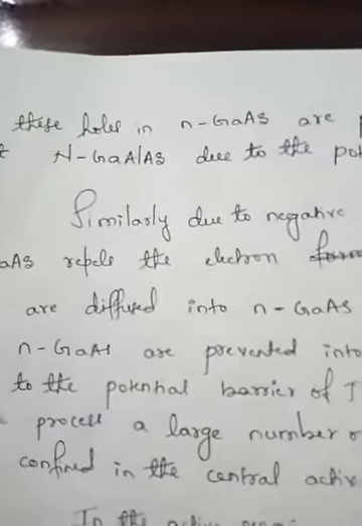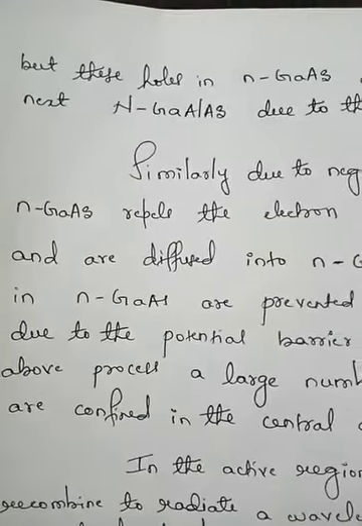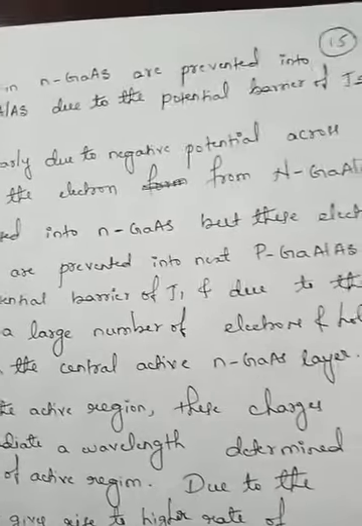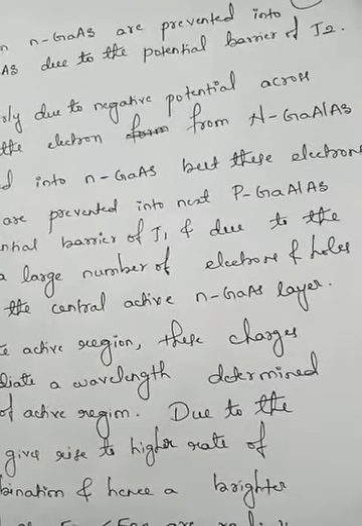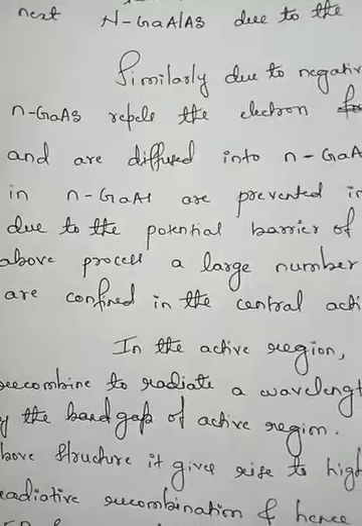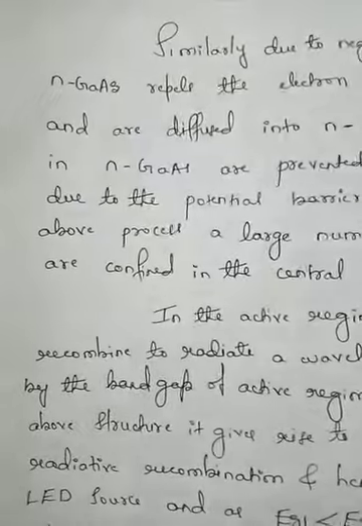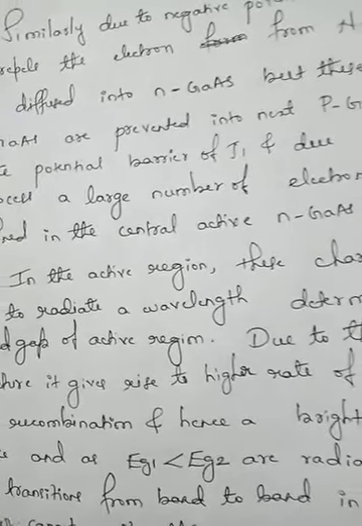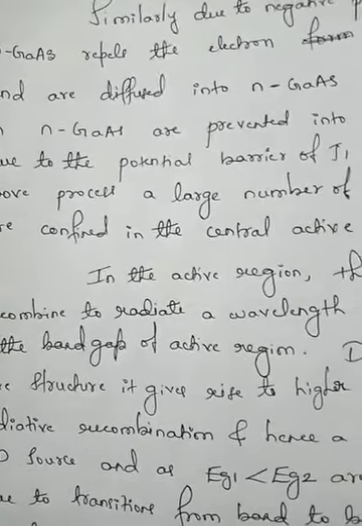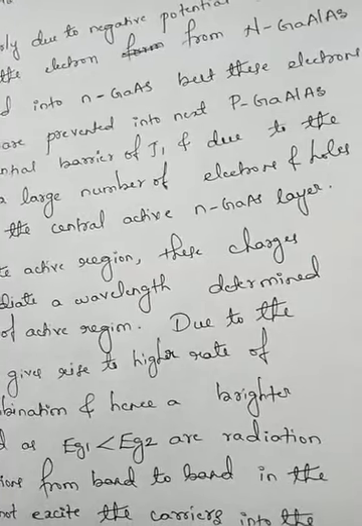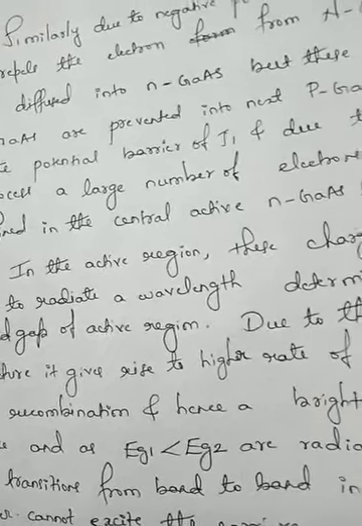But these holes in N GaAs are prevented from going into the next N GaAlAs layer due to the potential barrier of junction J2. Similarly, when the negative potential is applied across N GaAlAs, it repels the electrons from N GaAlAs and they are diffused into N GaAs, but these electrons in N GaAs are prevented from going into the next P GaAlAs due to the potential barrier of junction J1.